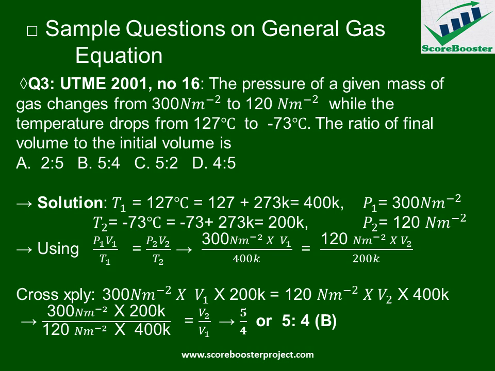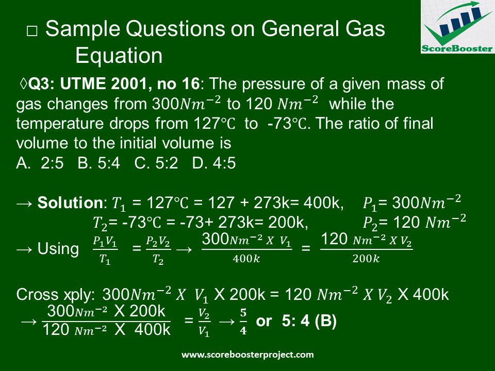So the question asks us to get the ratio of the final volume to the initial volume. So as usual, we proceed to substitute the given parameters in the mathematical expression for the general gas equation, P1 V1 over T1 equals P2 V2 over T2.